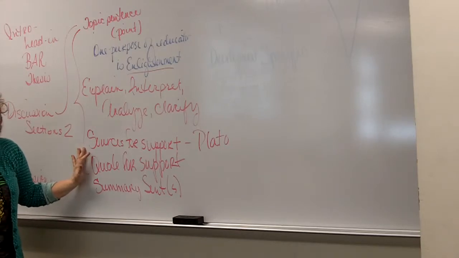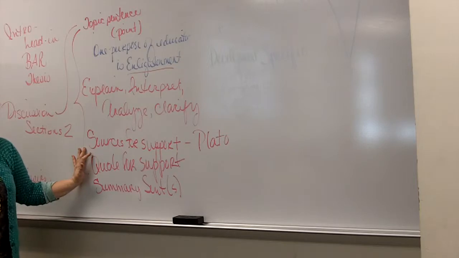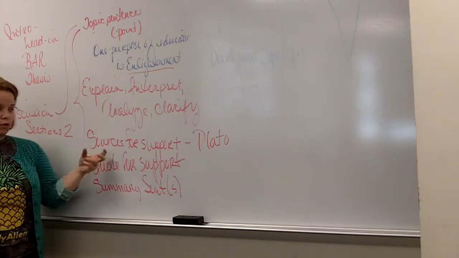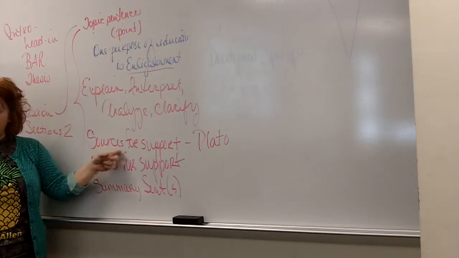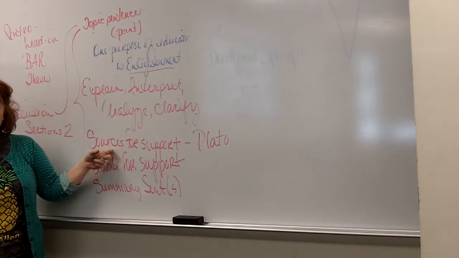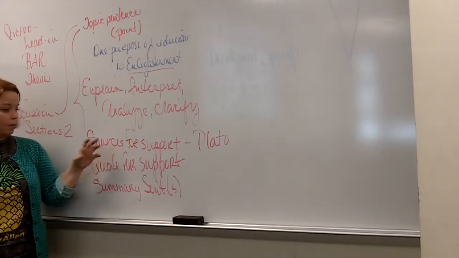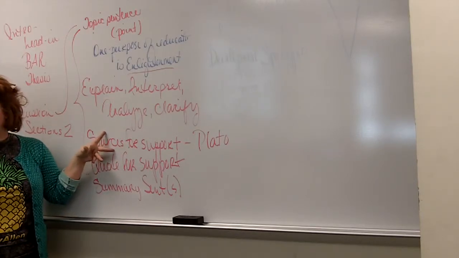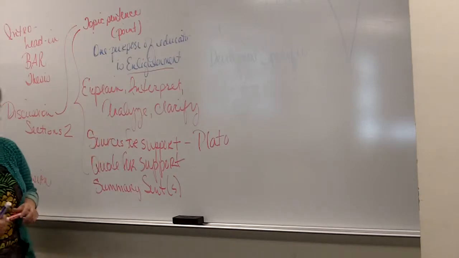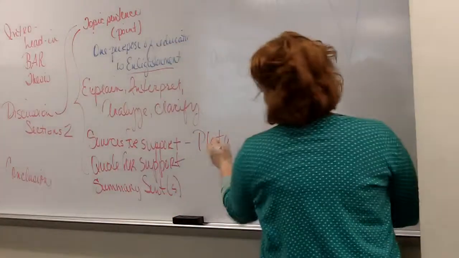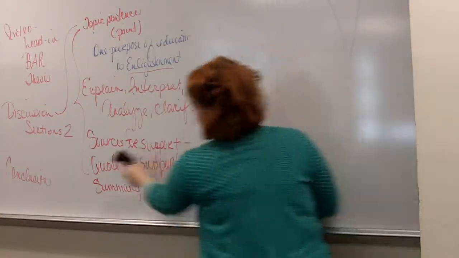You probably won't need to for this paper, but if you were writing a longer paper and you needed to really go in depth in your sources, this part here just about Plato could be 2 or 3 pages by itself. If you had to write a 10-page paper, this part about Plato could be 2 or 3 pages. Okay, make sense?